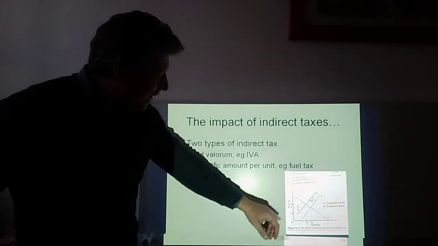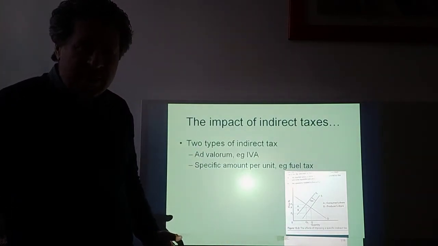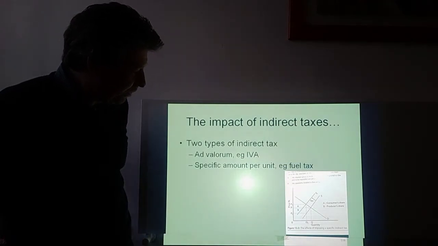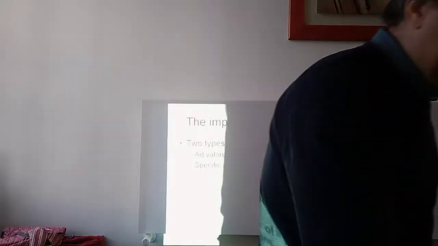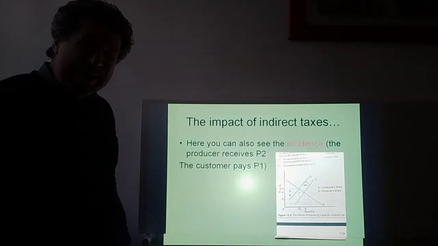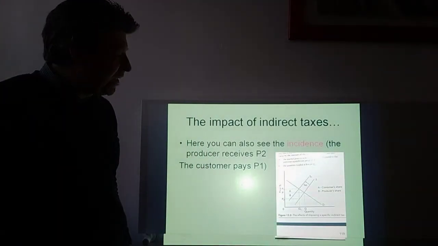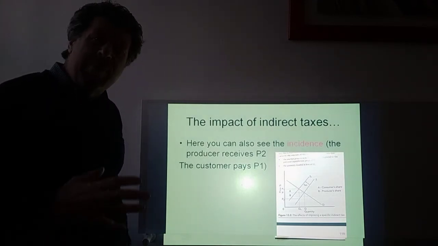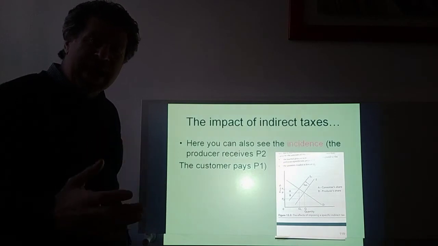So the consumer and the producer are paying different amounts. That's called incidence. The incidence is the different payments by the producer and the consumer.